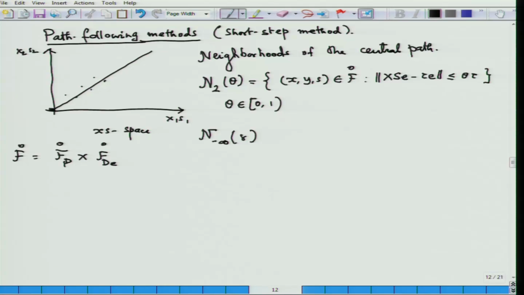So, let me write down the second one. You take a gamma which is between 0 and 1. We will really be concentrating on this neighborhood rather than the one I am just writing, but this is just for your information at this moment. When we do it, we will not mention it again.